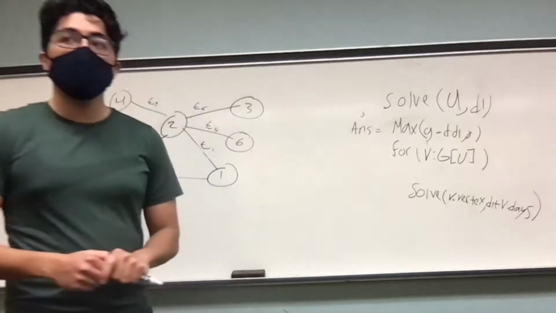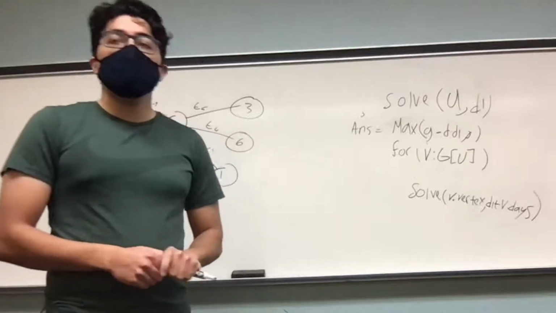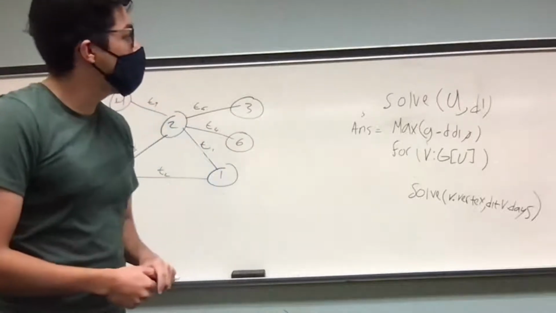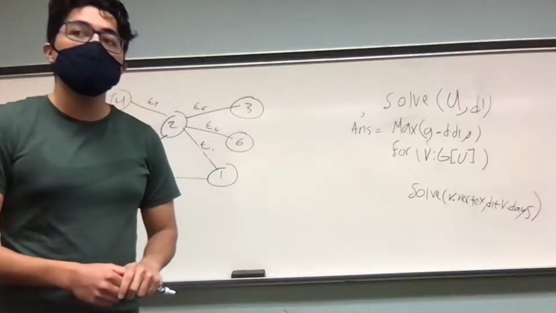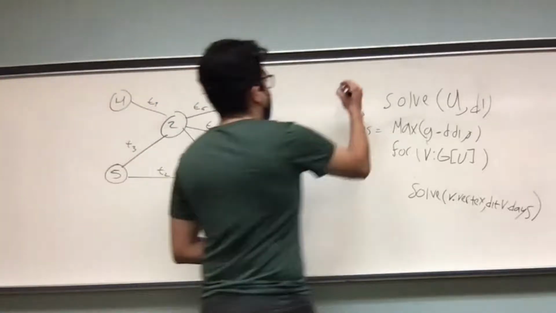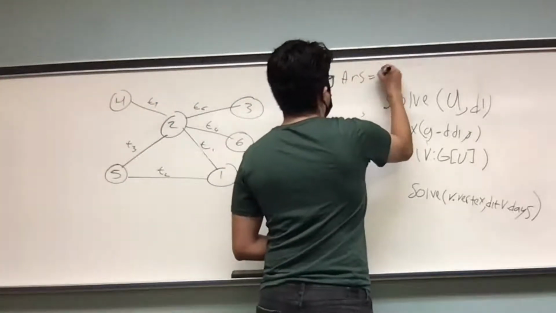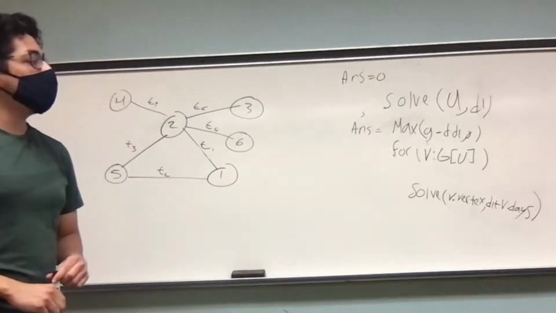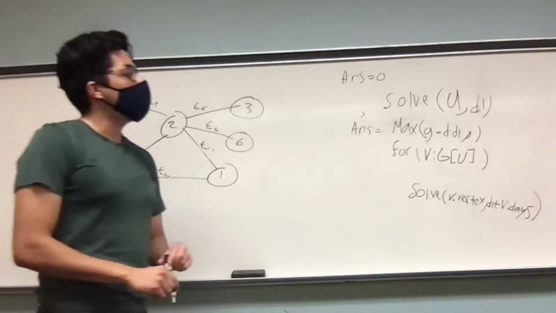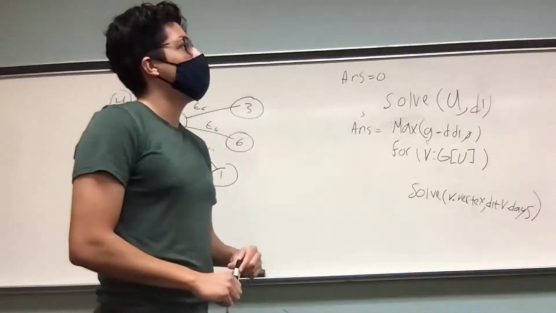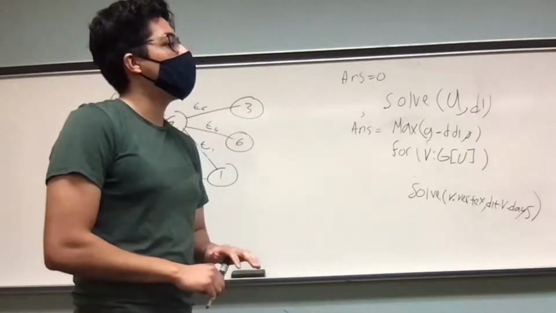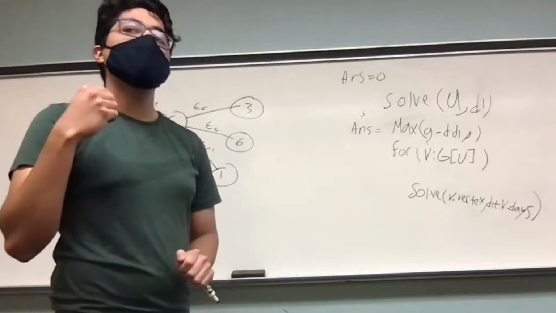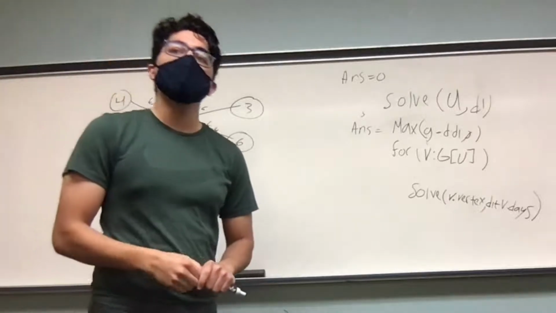So what if outside of this recursive function, we initialize ans to 0, then every time we do ans plus equals that? Let me think. You mean because then we'll only be increasing, and we go back and choose a different path.